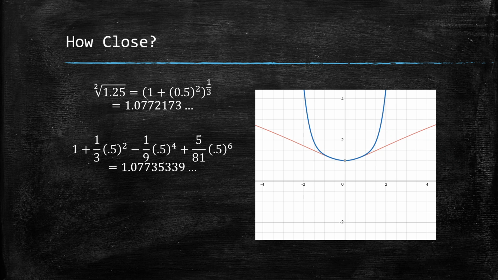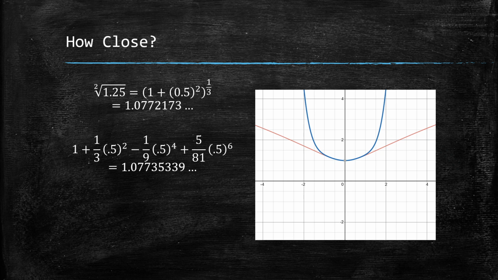Another way we could look at how close they are, and this should have been not the square root of 1.25, that should have been the cube root of 1.25. So the cube root of 1.25, which is 1 plus 0.5 squared to the 1/3, plugging in 0.5 for our x into that function, is equal to about 1.0772173 ... and goes on forever.